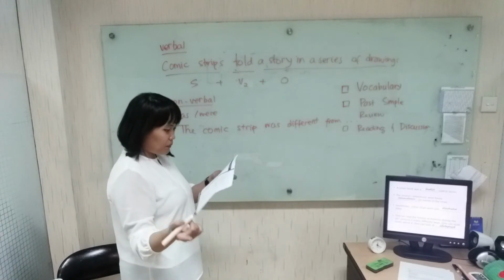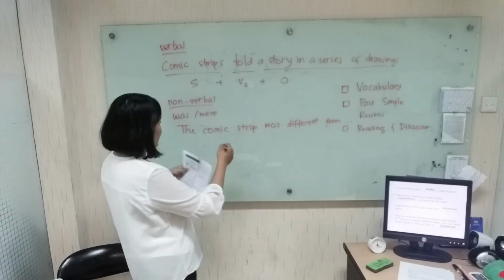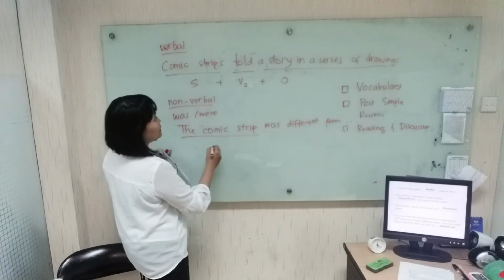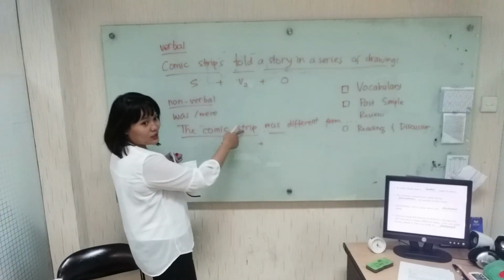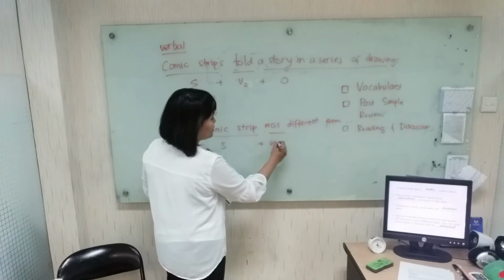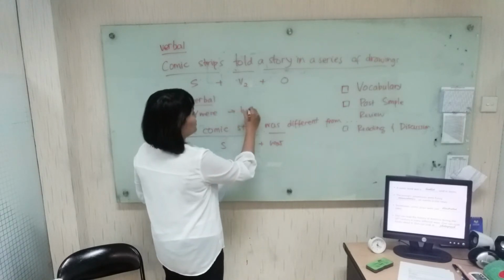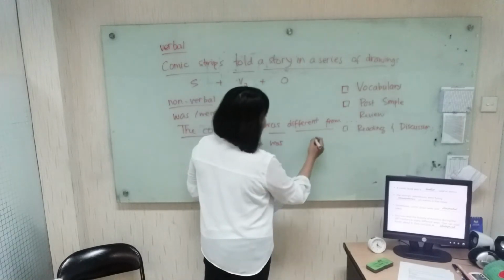Yeah, that's paragraph 2. Yeah, correct. So this one is the subject. And because comic strip is singular, yes, we use was. The was over be. And this one is supposed to be the object.